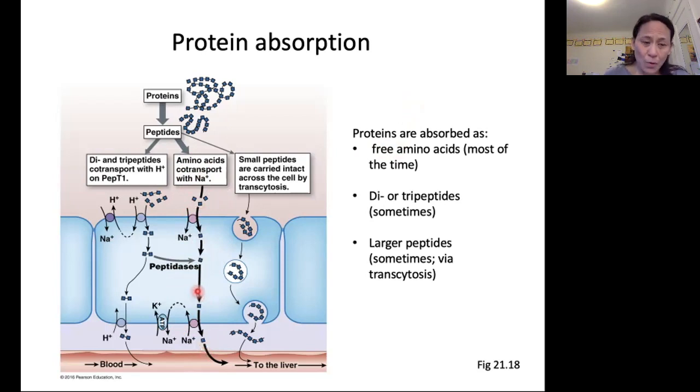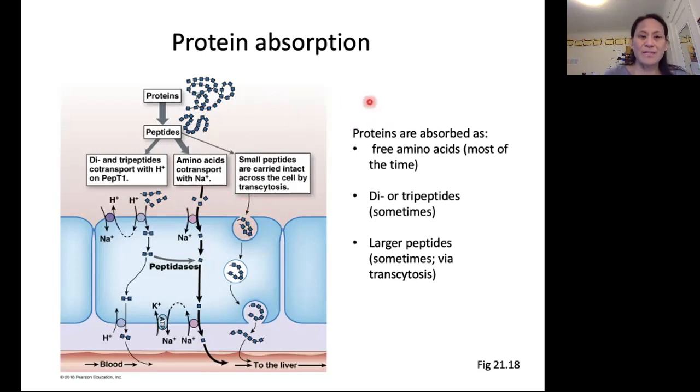Sometimes we absorb in the form of di and tripeptides. So those are shown here. Okay, again, I'm not asking you to know the specific transport mechanisms. And then very rarely we can also absorb longer peptides by transcytosis. So that's what's shown here. We have this longer peptide, it's being endocytosed at the apical membrane.